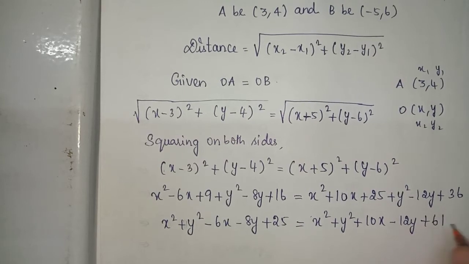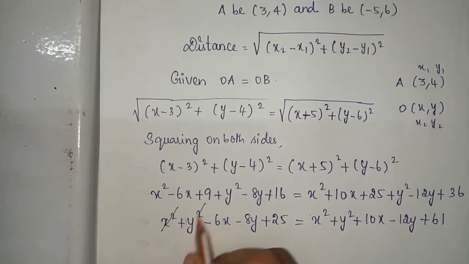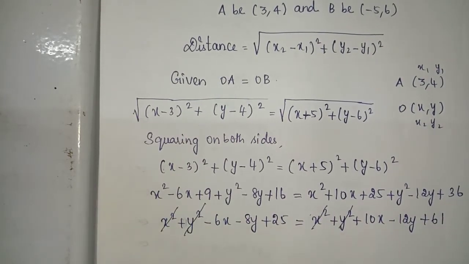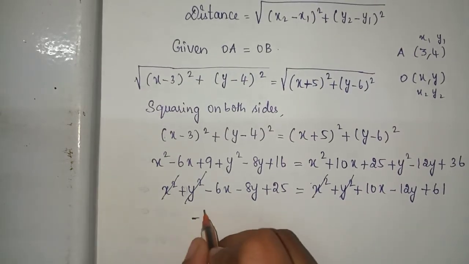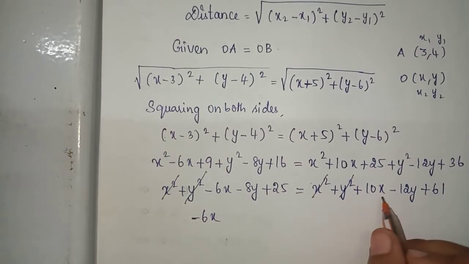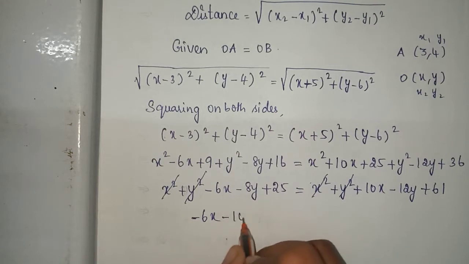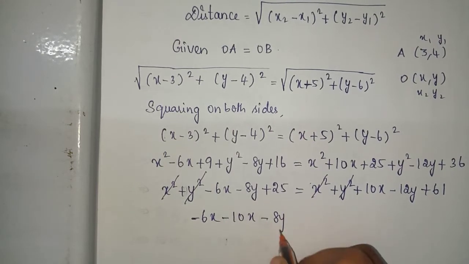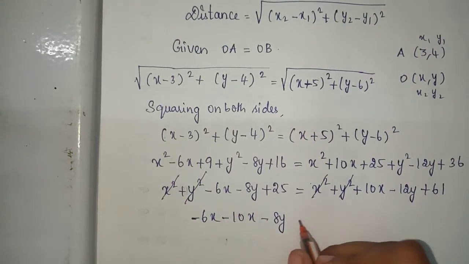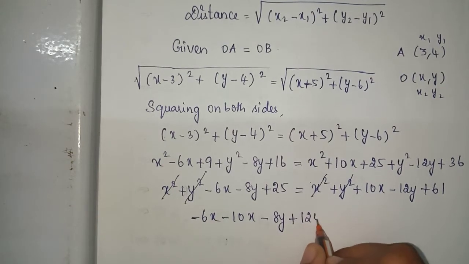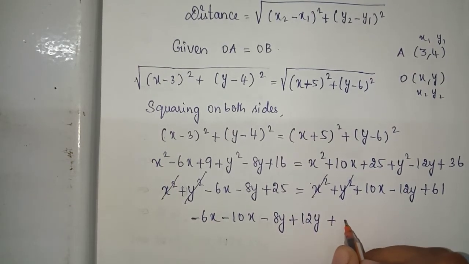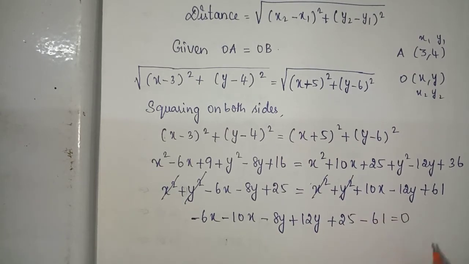plus 61. So here x square and y square get cancelled. So remaining minus 6x, here you have plus 10x, so minus 16x. Minus 8y, here you have minus 12y, so it will become plus 4y. Plus 25 minus 61 is minus 36, equal to 0.